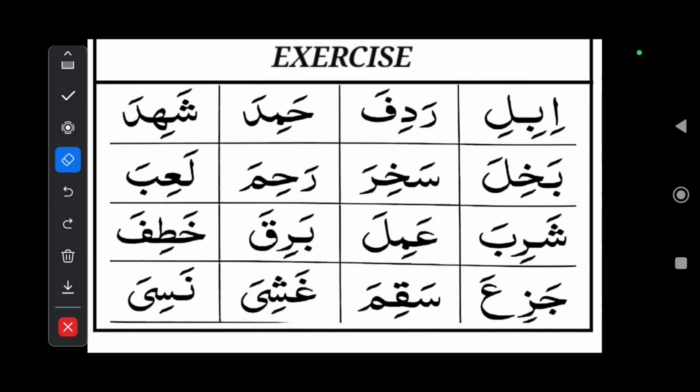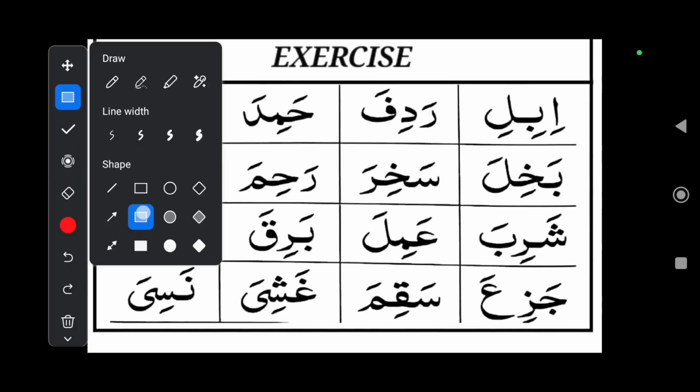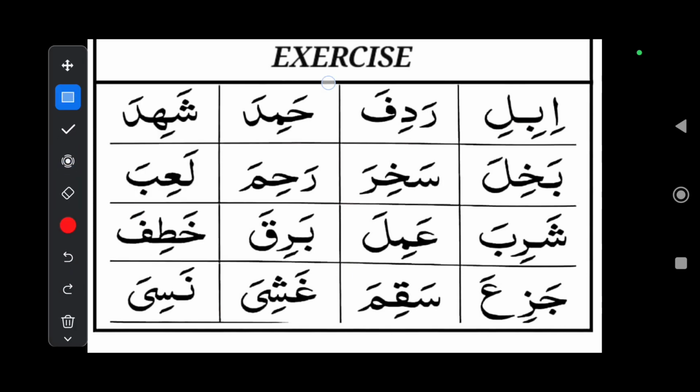Now let me highlight a few words for you. Start. Zabar ha. It is not ha.